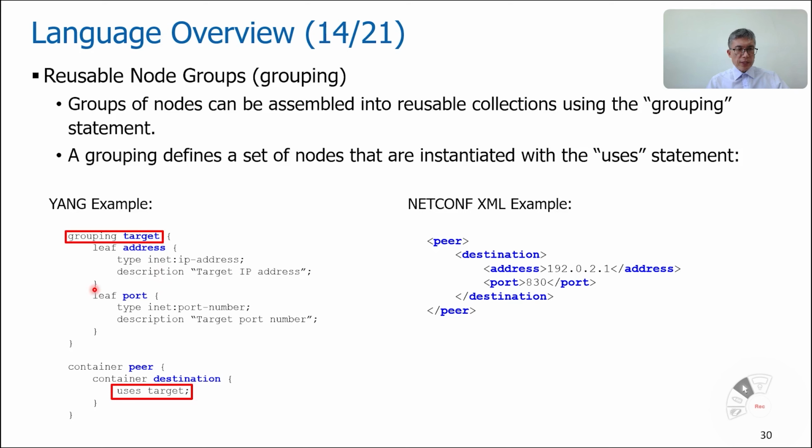For example, for source we can make a container source and use the same target grouping, and the same for the target case. So the peer and the destination, this destination variable in XML, and then the address and port we can reuse, using grouping.